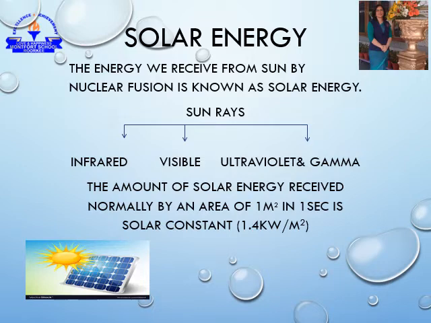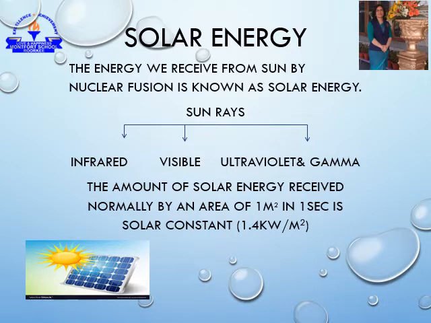Now the radiations which reach the surface of earth consist predominantly of visible rays and infrared rays. We all know that the ultraviolet rays and the gamma rays are absorbed by the atmosphere. Hence, the energy which earth receives is about 1.4 kilowatt per meter square.